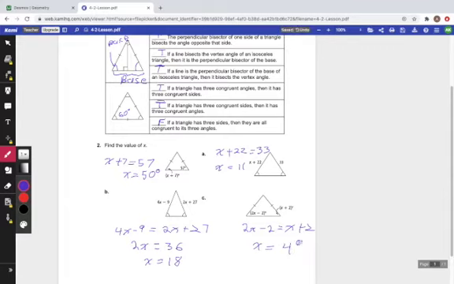Or x must equal 4, and then we can plug that in to figure out our total angle measure, which would be 6. So these are small angles, to say the least, but as long as the angle is greater than 0 and less than 180, it could be an angle of a triangle.